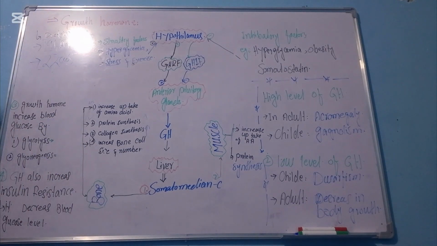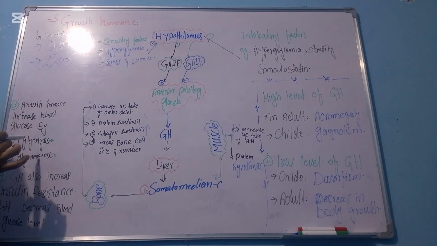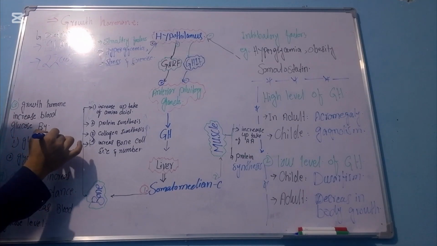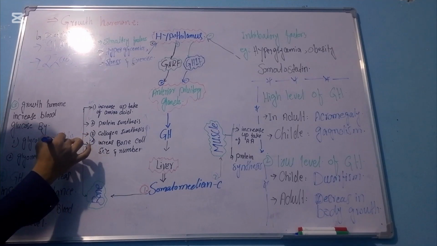The third function of the growth hormone is to increase blood glucose level by two ways: glycogenolysis, the splitting of glycogen.